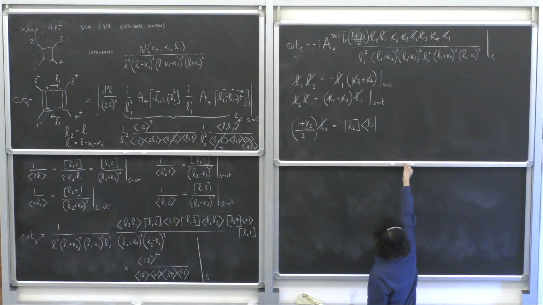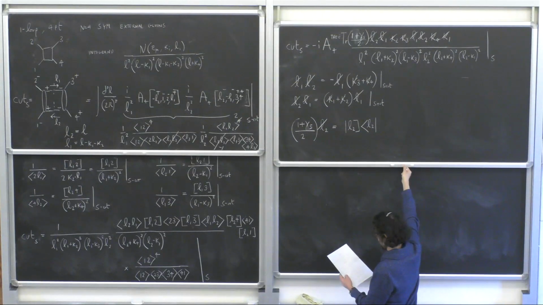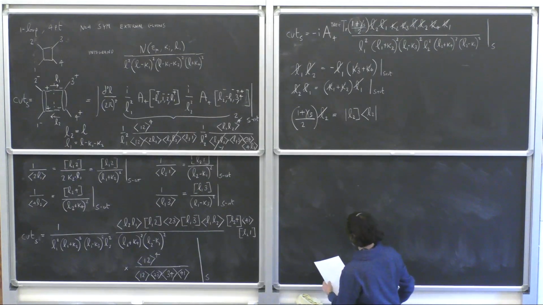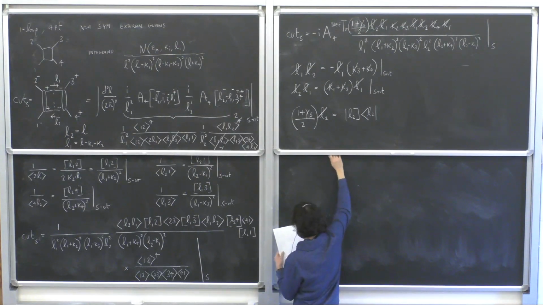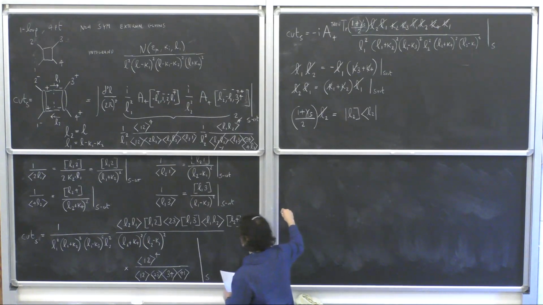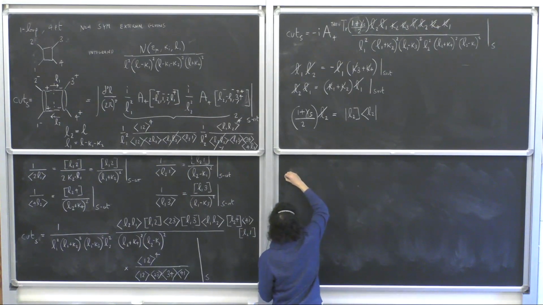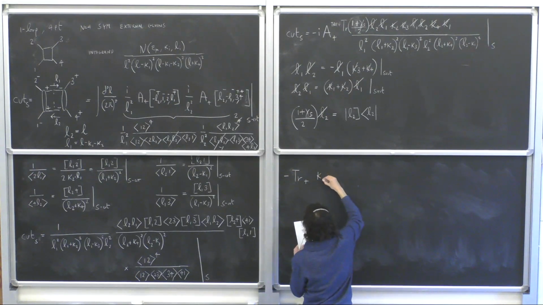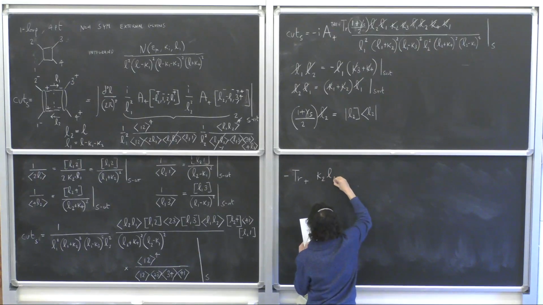Please stop me if you have other questions. Otherwise, I am ready to rewrite my trace in the following way. So it can be rewritten as a trace. Now I have a plus of K2 L1.